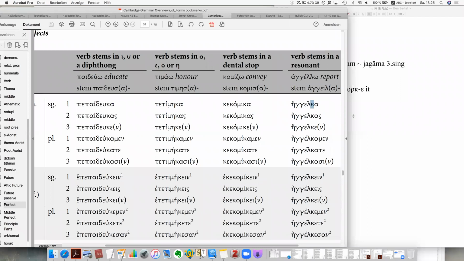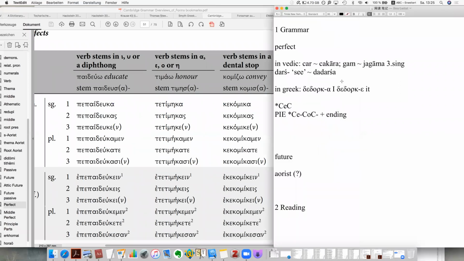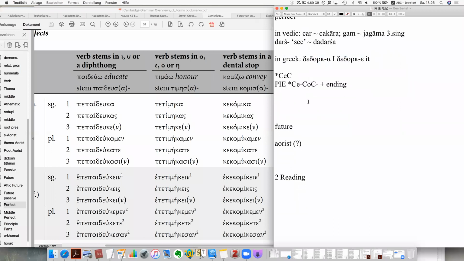This is something you don't find in Vedic. And also you don't find it here. Of course, you can argue that you already have a K here, so it's difficult to put another K. But the reason is not like this.